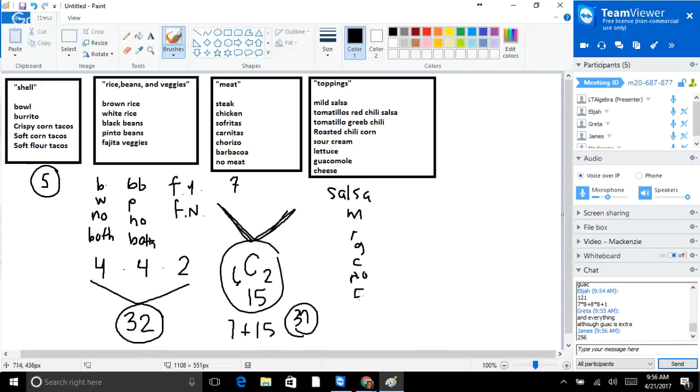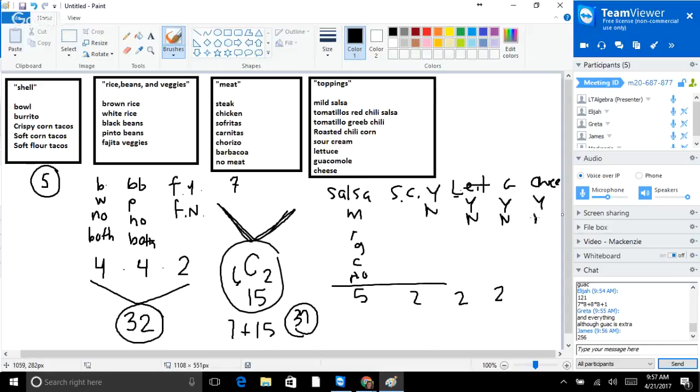So there's 5 choices for salsa, right? For sour cream, you could just have yes or no. So there's 2 choices for that. Lettuce is another yes or no choice. So there's 2 choices for lettuce. Guac is a yes or a no. And cheese is a yes or a no. Or there's extra, right? You could get extra cheese too.